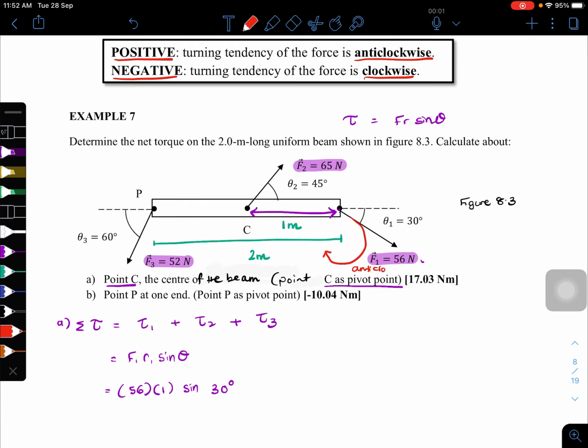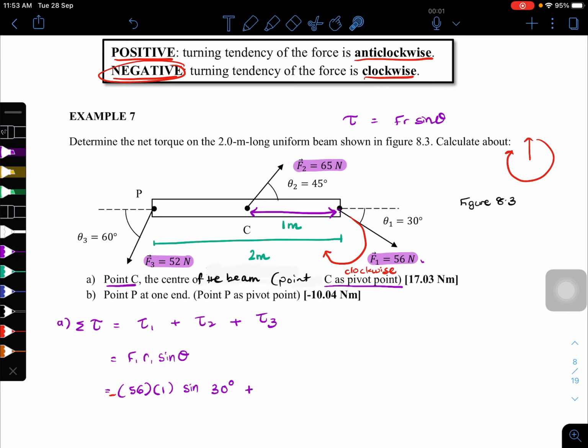Oh no, sorry. It will be clockwise kan? Jam baca macam tu kan? So this one will be clockwise. Bila dia clockwise, so dia akan jadi negative lah. So don't forget to put negative over here. Okay, and then tengok torque 2 pula.